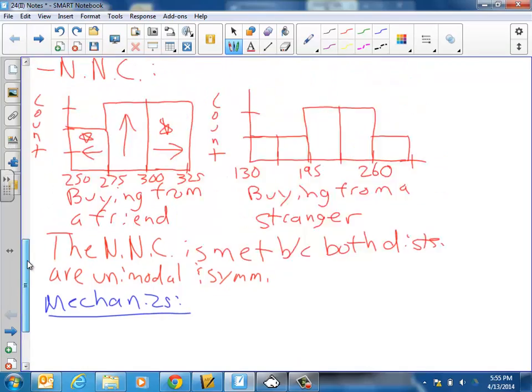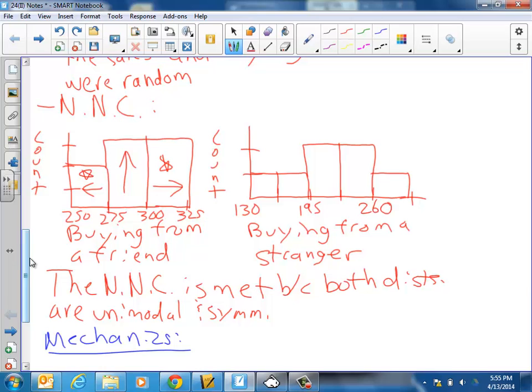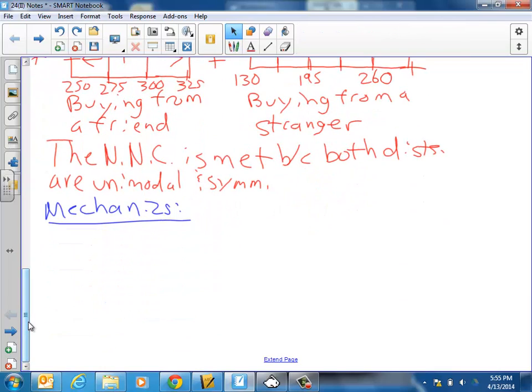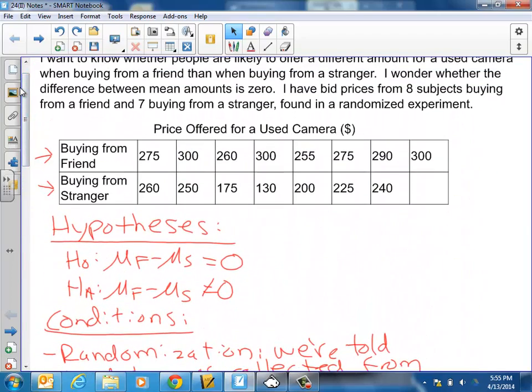Again, remember the conditions here that we just knocked out, these four conditions: randomization, 10%, independent groups, and nearly normal. We did these guys so that we could use the t-distribution at all. We can't automatically assume that based upon how the data was collected from this randomized experiment, if we ran the experiment the exact same way over and over again, those results would also be organized into a t-distribution.